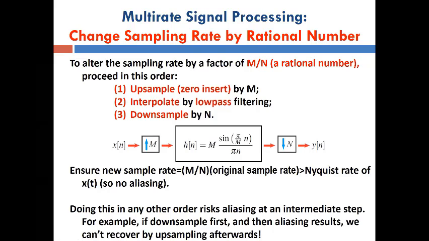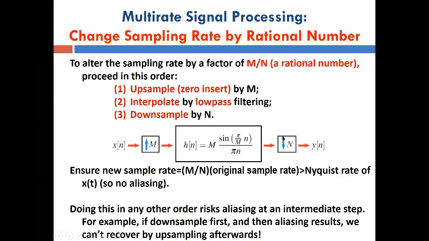It will do the interpolation of the zero inserted signals, and it will do the aliasing prevention of the downsampling signal, as long as we choose the low-pass filter's cutoff appropriate for that downsampling process. And if I do that, then I can do actually fractional changes in sampling rate.